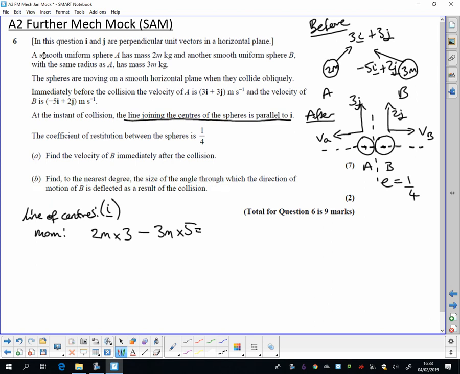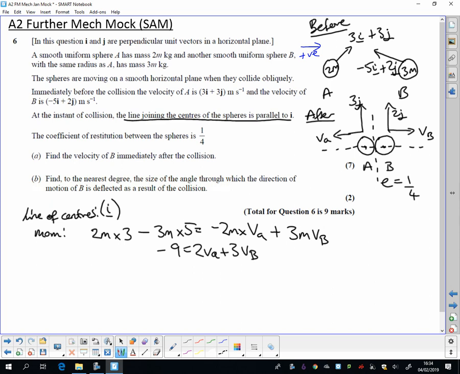I have taken this direction to be positive. Once they have collided, A is going in the opposite direction, so it's negative 2m times velocity of A in that direction, plus B is now travelling in the positive direction. You can simplify all that and get to -9 = 2 times velocity of A plus 3 times velocity of B.